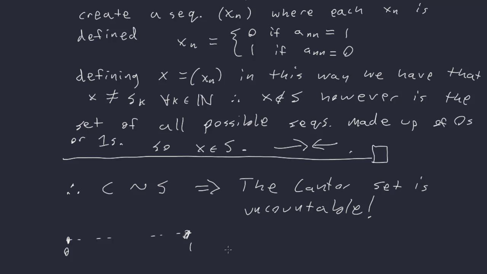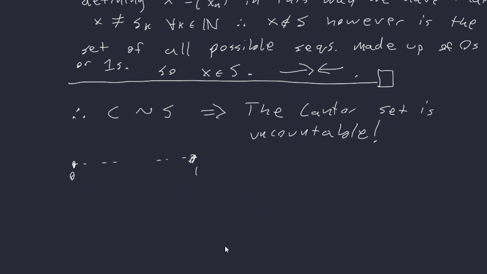Because the question is, is C open? Closed? How we've talked about open and closed so far is just in terms of intervals. We have the interval a to b that's closed, and this interval a to b that's open. But what about C? Is it open or closed?